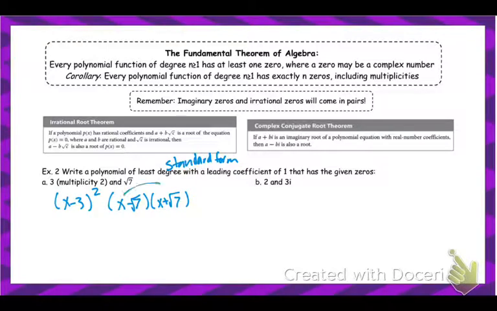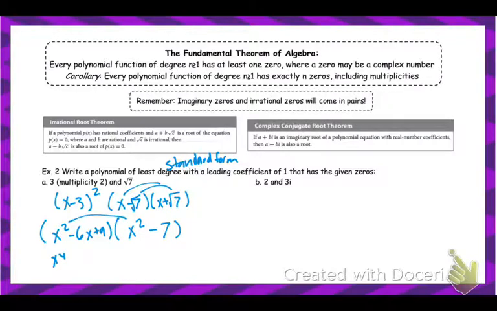So I'm going to go ahead and FOIL that out. That's going to give me x squared, difference of squares, the middles cancel, and I get x squared minus 7. If I FOIL out x minus 3 squared, I get x squared minus 6x plus 9. And then I can go ahead and multiply out this whole thing.